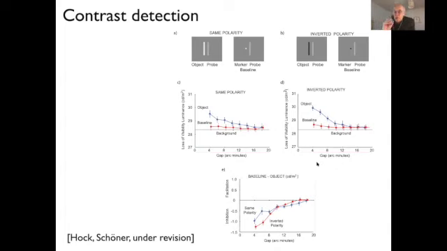Now, this helps us do hysteresis of contrast detection, because when you want to do a hysteresis experiment of that nature, you need to get rid of all these attention problems, and you have a real problem of coming from bottom up. What does it mean to first detect an object?